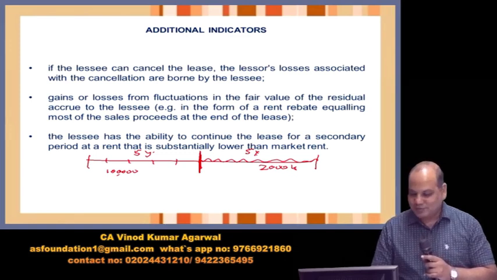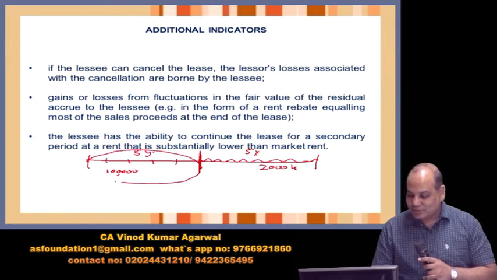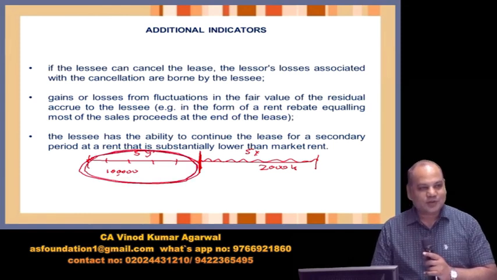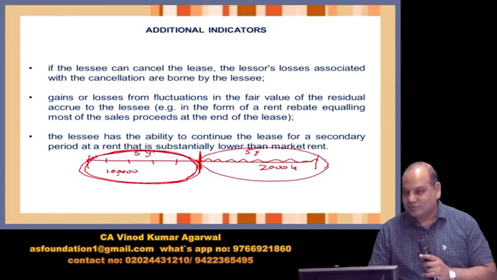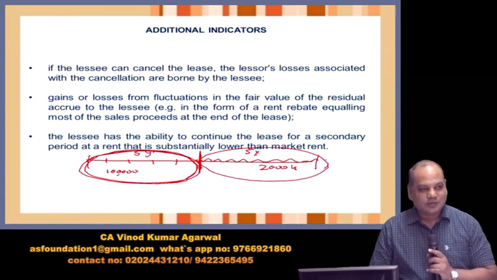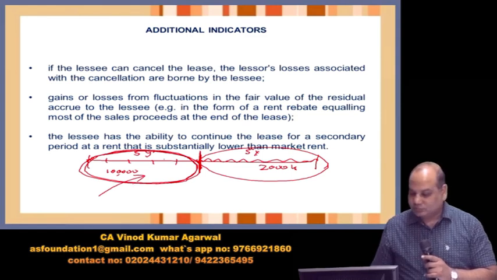Why are you laughing? It is possible. The lessor must have recovered the entire amount in the first 5 years' installments only, and then all this is just a formality for some reason. Is it right? He must have recovered the cost and the time value of money in the first 5 years only.